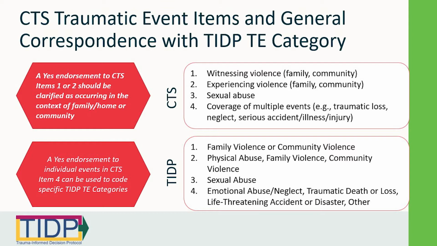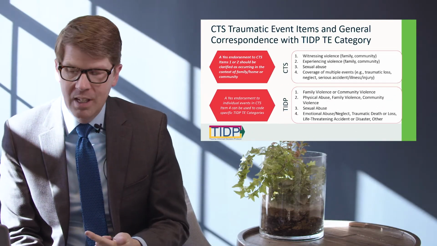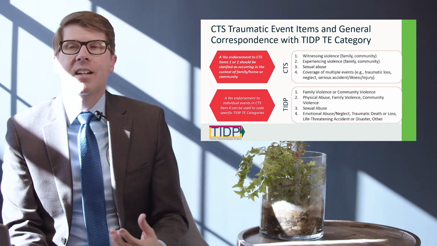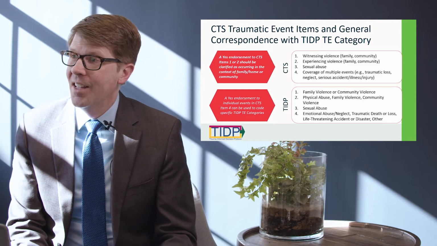So the CTS item 4, which covers multiple different types of traumatic events, can be utilized, and any individual yes endorsement on the subparts of item 4 can be used to code appropriate categories of traumatic events on the TIDP, which can include things ranging from emotional abuse and neglect to traumatic death or loss, or a life-threatening accident or disaster, or other as well.